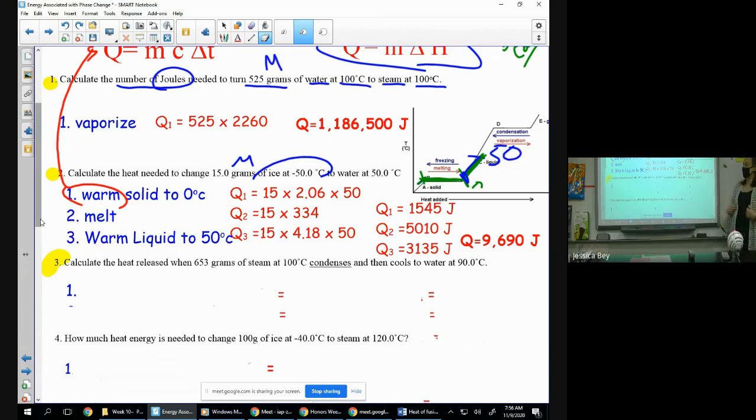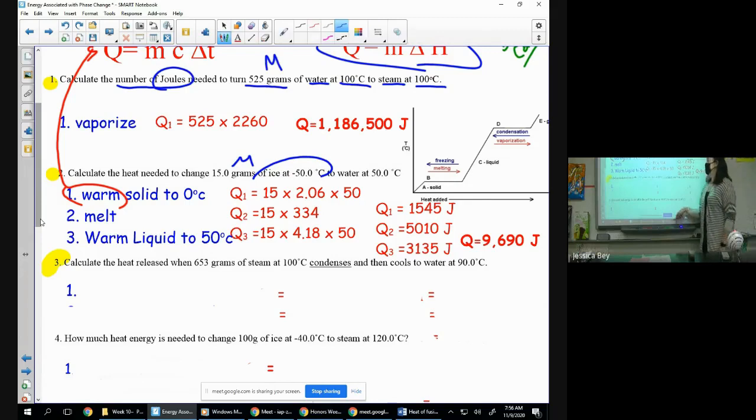Okay. I'm going to get you started with just the words on the next one, and then I want you to start to fly on your own. One thing I should say here is you can also go down and calculate the heat energy released. Same thing, whether you're warming or cooling, you do the exact same process. It's just where are we driving?